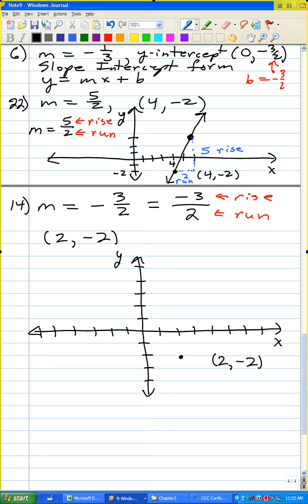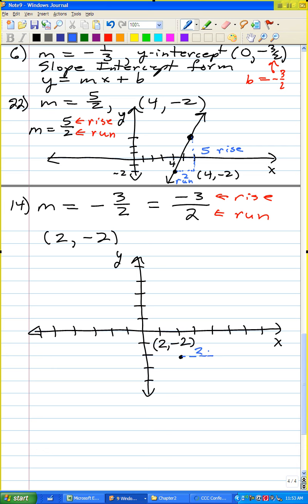And so I have a run of 2. Maybe I should put this a little higher. So I'm here at the point 2, -2. So now I have a run of 2, because that's my denominator is 2.